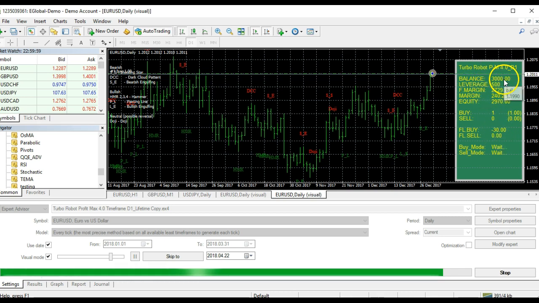Let's say if you're using a cent account, it's 100,000. If you are fund managing, your account is definitely higher than $20,000 or $40,000. So it doesn't matter about your floating losses, because you have a higher amount.